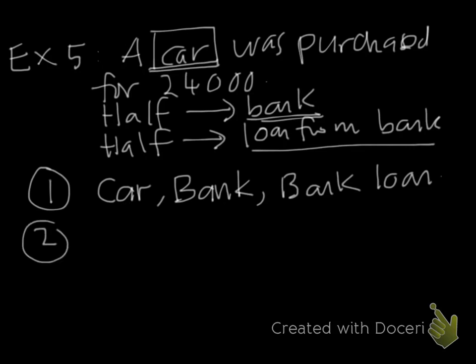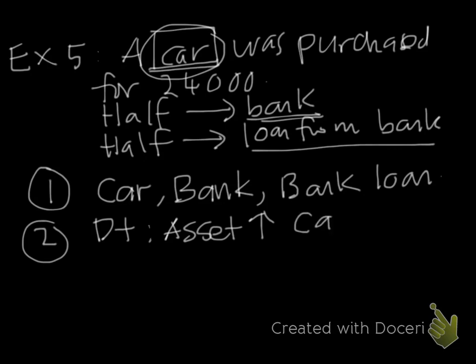Next, we identify the account that should be debit. So now a car was purchased for 24,000. So this is a car value. The car value represent about the asset that business has now. So increasing in asset, record in a debit. So account that should be debited is a car account.